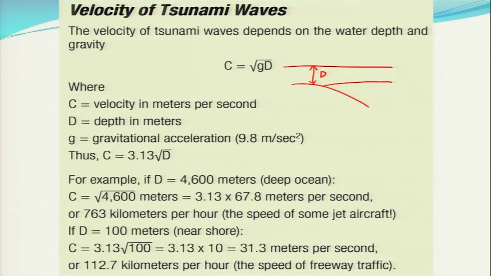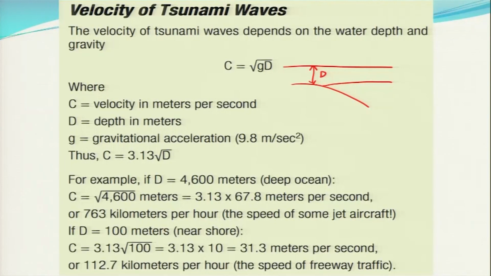For example, what has been given here is the square root of g into d, where g is 9.8, and if you know the depth, for example here it has been taken as 4600, then you will get the velocity. Here the depth is 100, then you will get 3 point. So you can have the speed or the velocity of the tsunami.